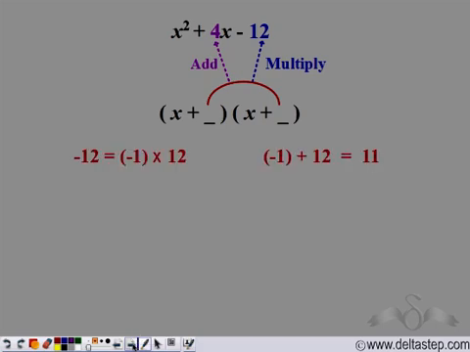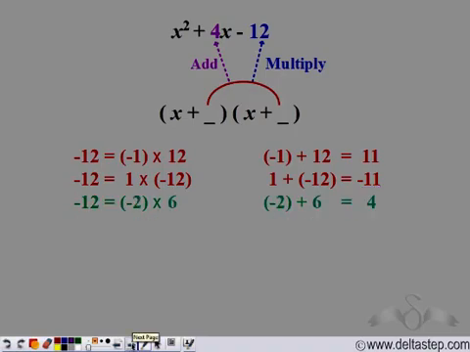So negative 12 can be written as negative 1 into 12. Negative 1 plus 12 gives us 11, which is not the middle term. So we consider the other possibility. Negative 12 could also be written as 1 into negative 12. But 1 plus negative 12 is negative 11. Again, this is not equal to 4.